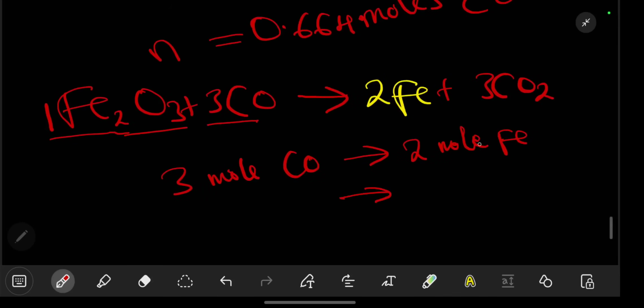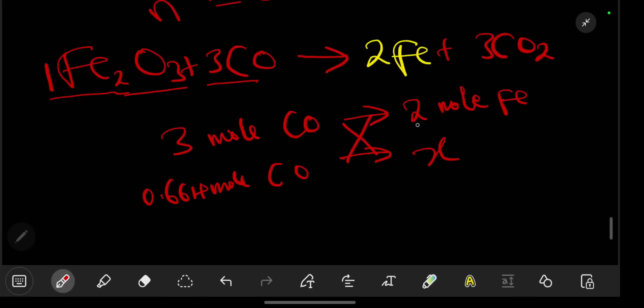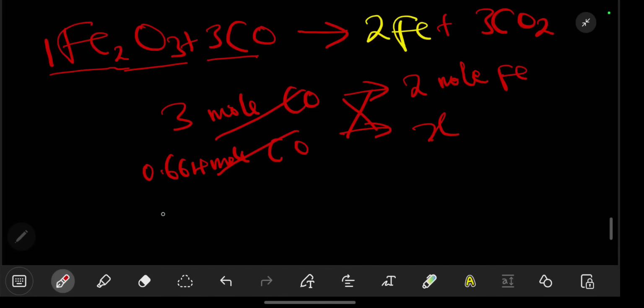What if we have 0.664 moles of our carbon monoxide? This is going to give us x. Then we cross multiply: 3 times x, it will be 3x, should be equal to 0.664 times 2.